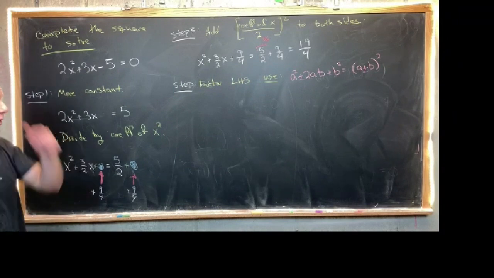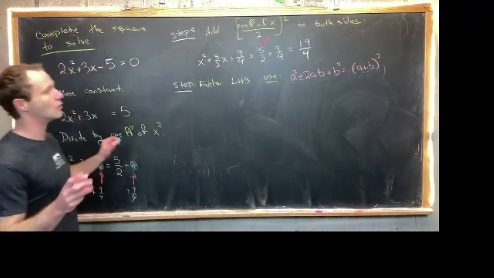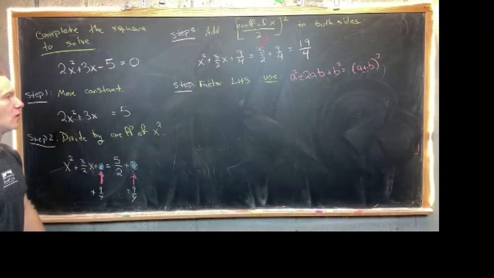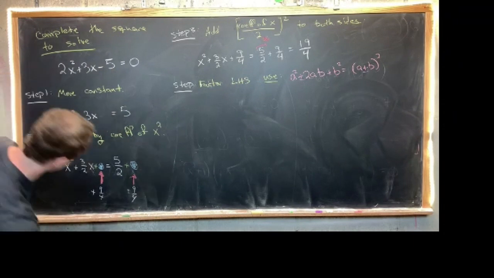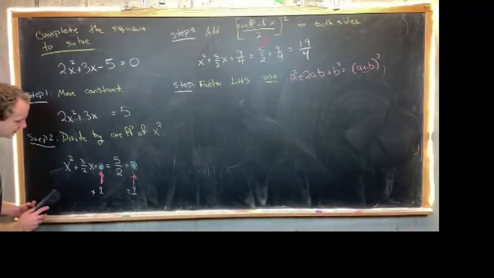And I want to point out that in this setup, we actually always know what this b is. I realized I made a mistake here. This should be 9 over 16 because we're supposed to take half of it.